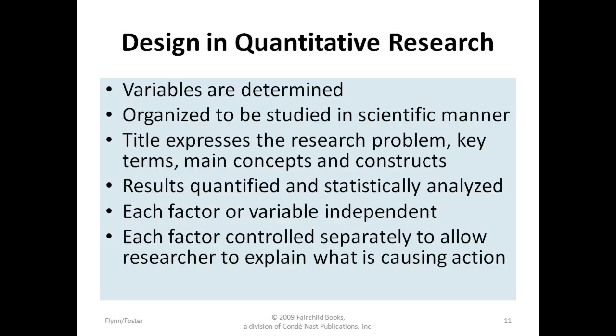And then once you've done that, your results will be quantified and statistically analyzed. Because with qualitative research, you're not actually able to do statistics on your results because there's no real numbers involved. Also, each factor or variable is independent, and each factor is controlled separately to allow the researcher to explain what is causing the action.